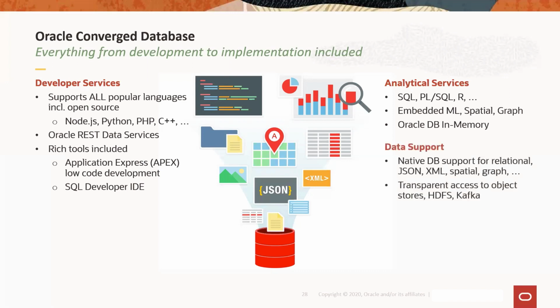Data support. We support in a single database relational data, JSON data, XML, spatial, graph, text, all kinds of other data files. And we can also reach out transparently to all of those object stores and other big data environments.